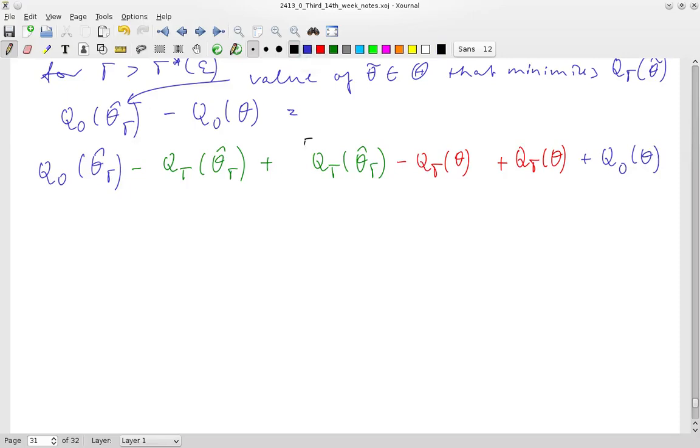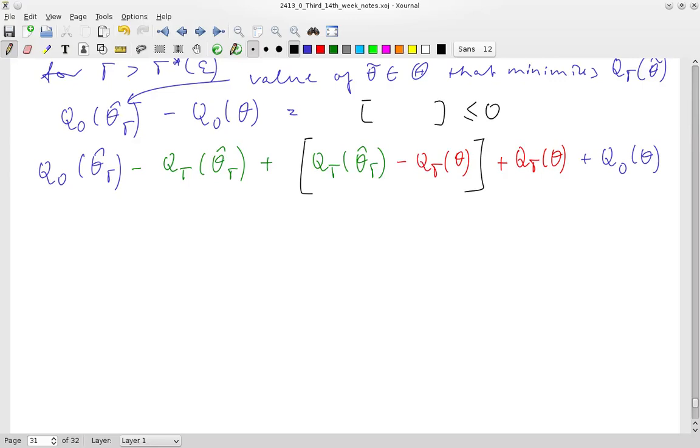Now take a look at this part in this sum. We have qt evaluated at the parameter value which minimizes it, and qt evaluated at some other parameter value, and only if theta hat t would be the same as theta, this term in brackets would actually be 0, but generally this term in brackets should be less than 0, or if you allow for theta hat to be theta, it could also be 0.